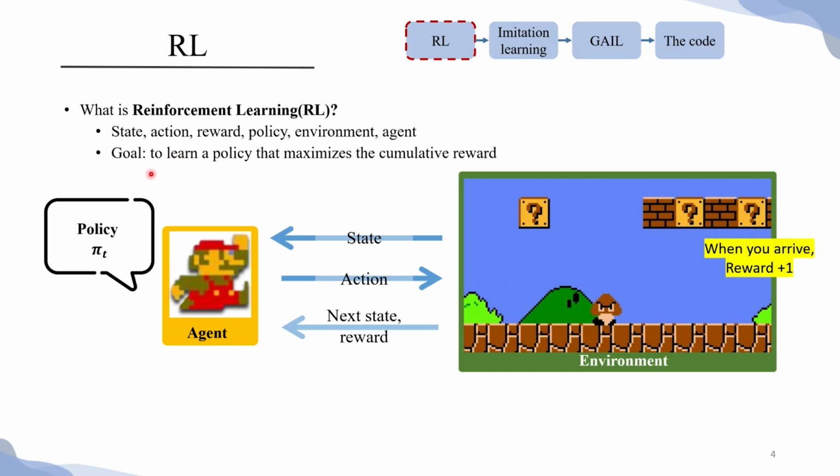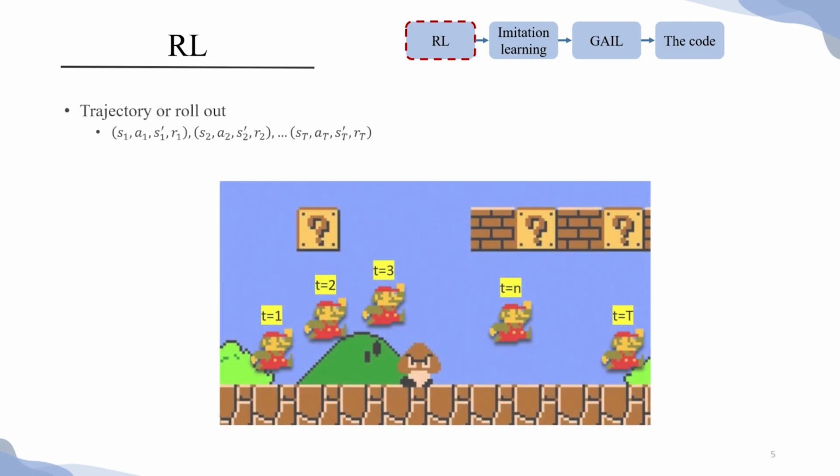In reinforcement learning, the goal is to learn a policy that maximizes the total reward. The data is called a trajectory or a rollout. This means a sequence of information such as the state and action at each time step.